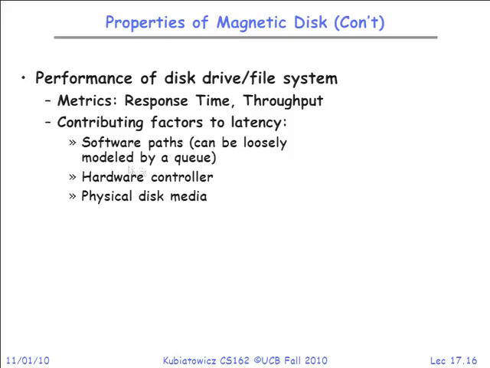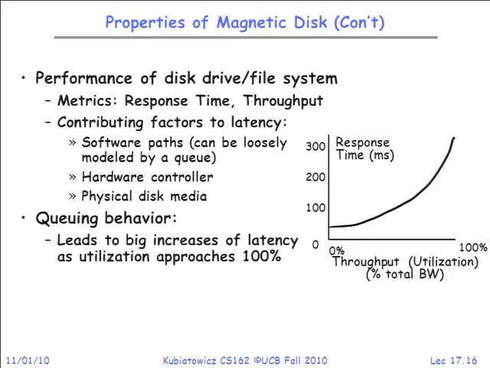One of the interesting aspects of any system like this is its queuing behavior, because from the point at which you make a request, it has to wait inside the system for a while before it gets to the disk drive. That's a queue. And remember, I think I showed you this curve several times this term: if you have total utilization of 100% for the disk or any device, as you get closer to 100%, the response time typically grows non-linearly.